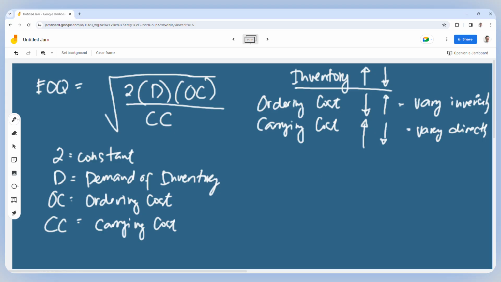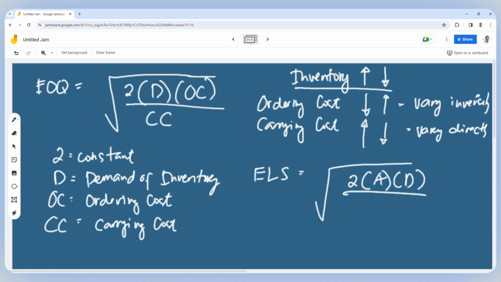Yung tinatawag nating economic lot size, no? How do we compute for this one? It is the square root of 2 to be multiplied by A to be multiplied by D divided by our K. So, ano naman? 2 is constant ha? Ano yung A?